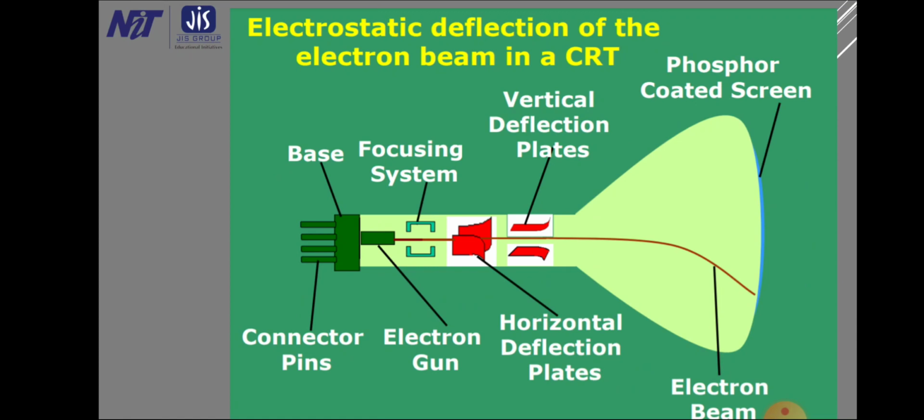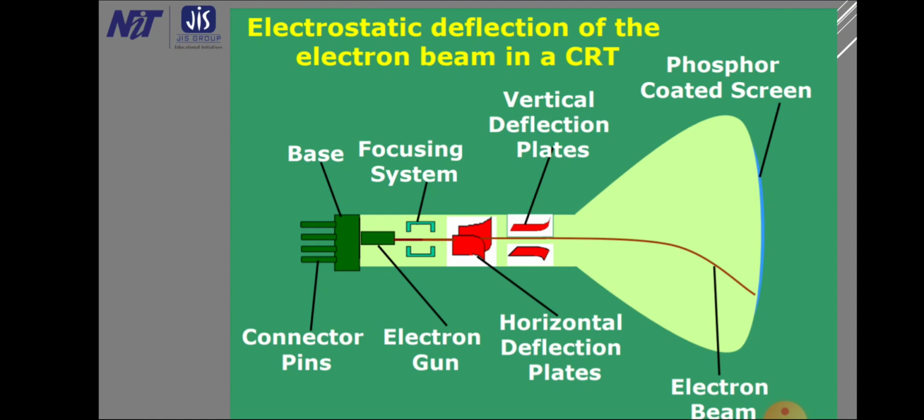You can assume this to be the capacitive one. The first stage, as you see in this picture, is the horizontal deflection plates, which are responsible for horizontal deflection, and then there are vertical deflection plates, which are responsible for vertical deflection of the electron.